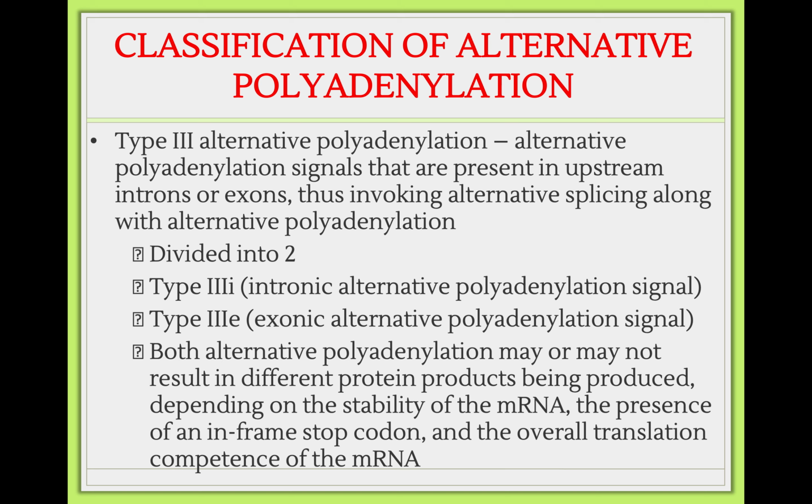The first is type 3I, which is intronic alternative polyadenylation signals, and type 3E, where E is exonic alternative polyadenylation signals. Both of them may or may not result in different protein products being produced. It would depend on the stability of the mRNA, the presence of an in-frame stop codon, and the overall translation competence of the mRNA.